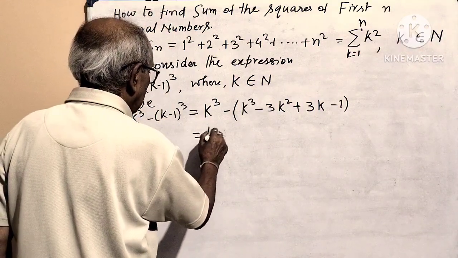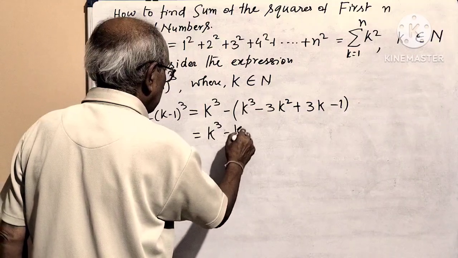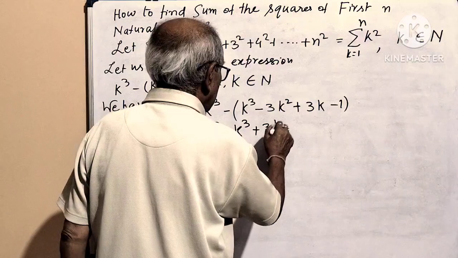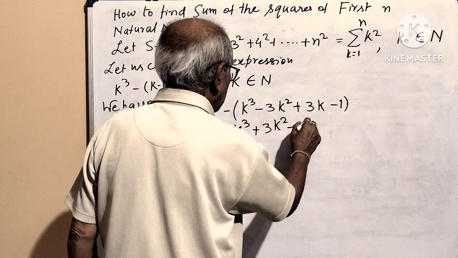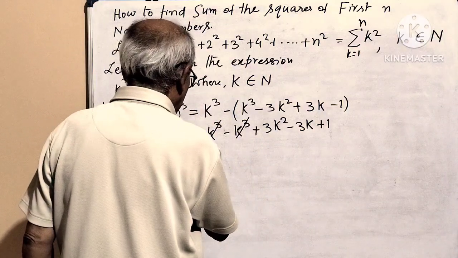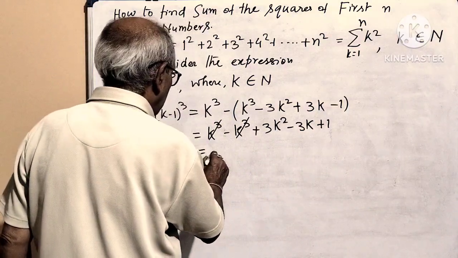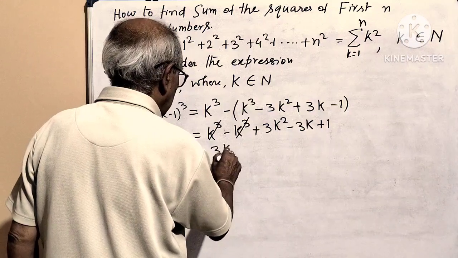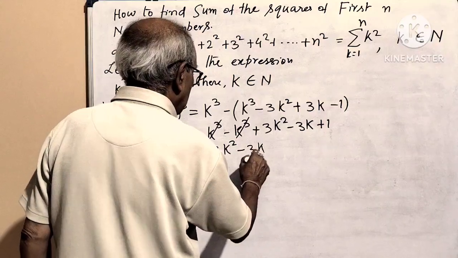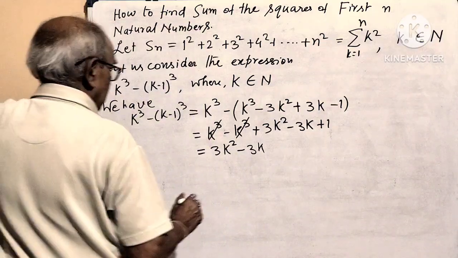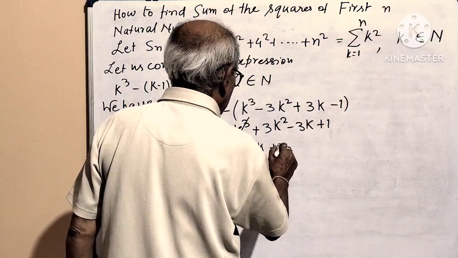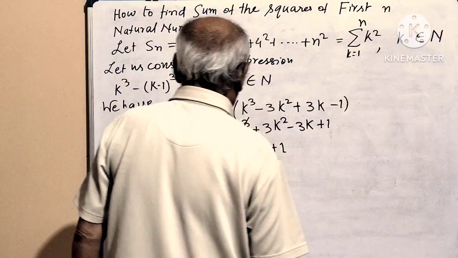This is equal to k cube minus k cube plus 3k square minus 3k plus 1, which is equal to 3k square minus 3k plus 1.